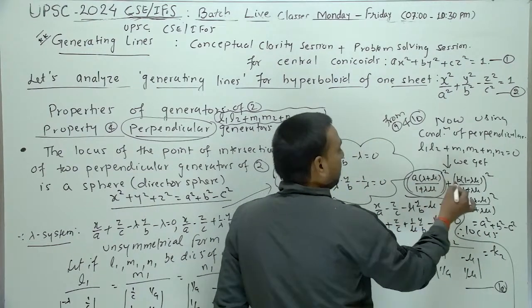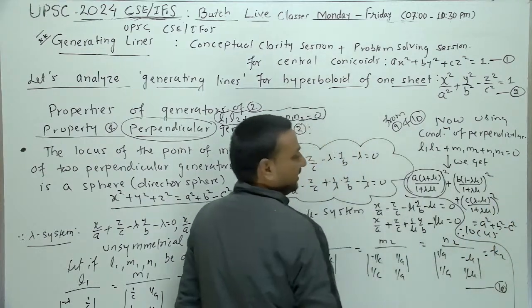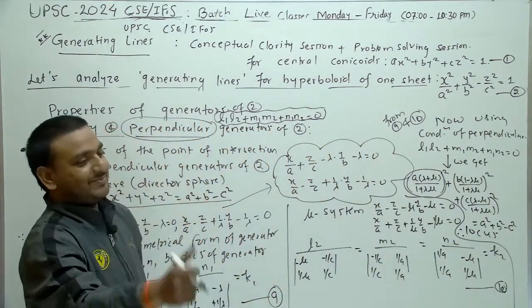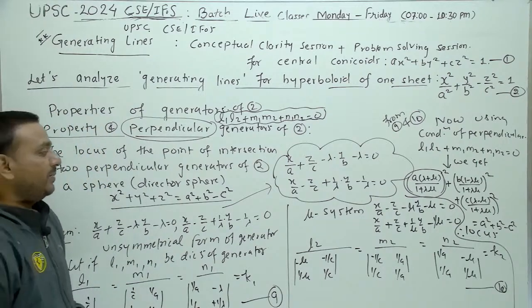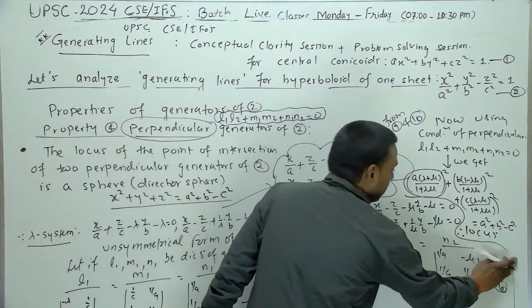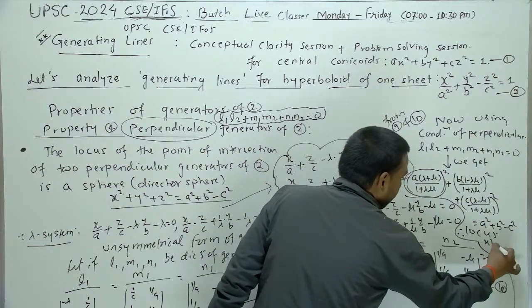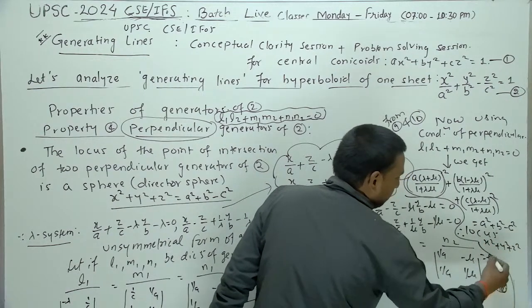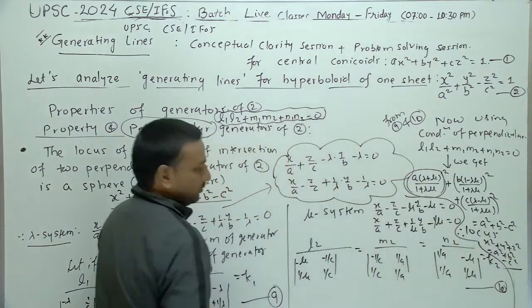This is the x component, this is the y component, and this is the z component. Believe me, you got x square plus y square plus z square equals a square plus b square minus c square.